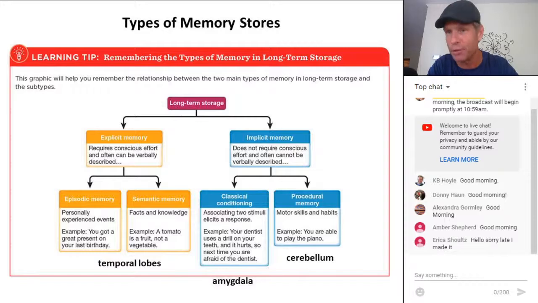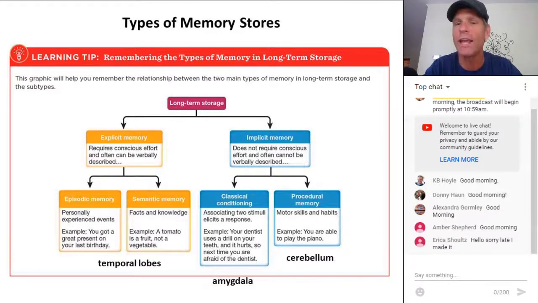So what happened at your 9th birthday party? Who was there? What games did you play? These are all what we would call episodic memories, right? And we're going to differentiate those from what we might call your common knowledge, your mathematical tables you have stored as rote memories. So if I say, what is 9 times 9? You immediately pop up the memory 81.